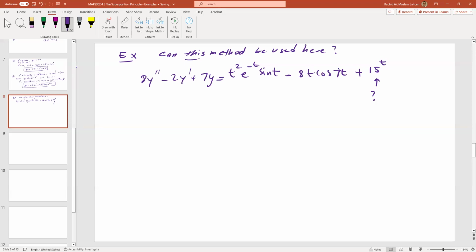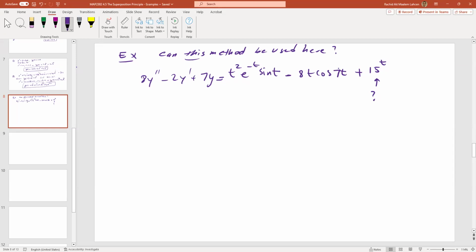Remember, we talked about polynomials, exponential functions where e is the base, and what else? You have cosine and sine, and you have their products. We didn't say some exponential function with base 15. So here's the question: can we do this or not?